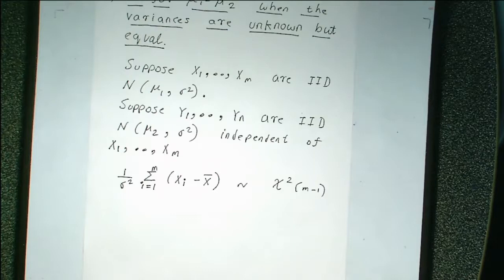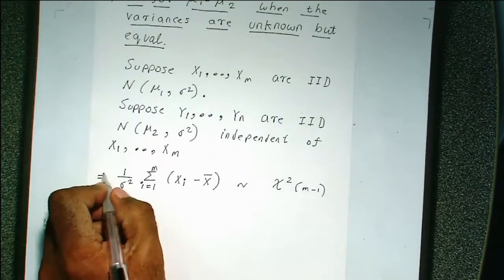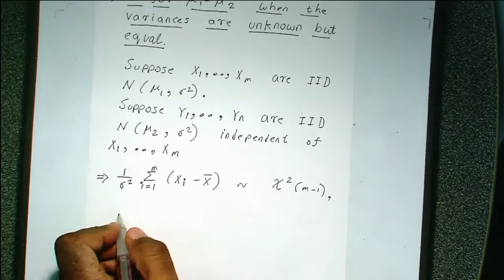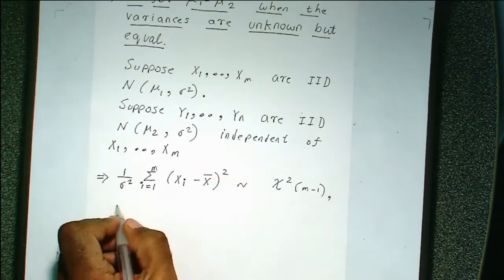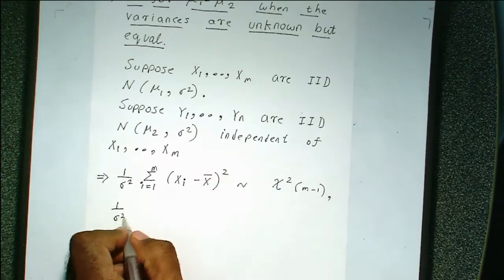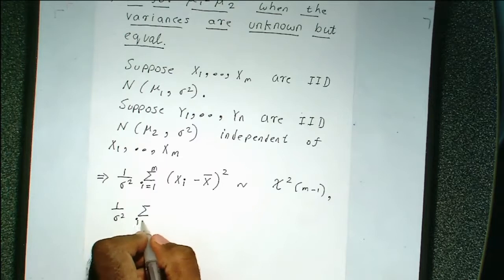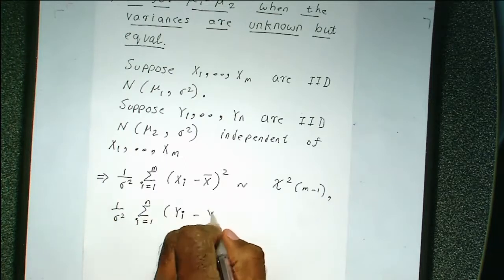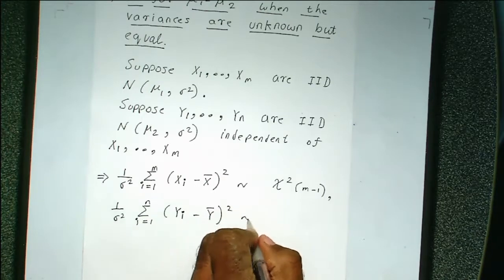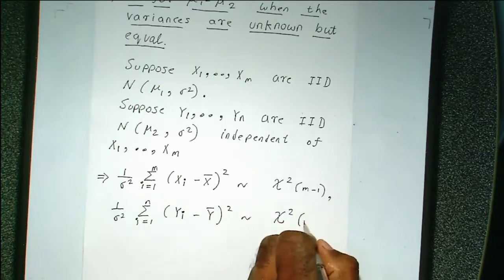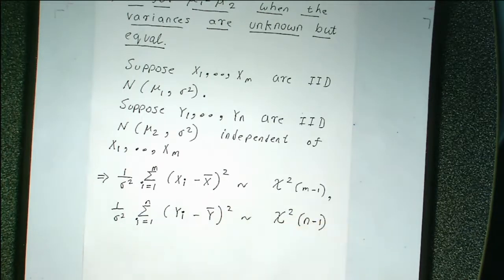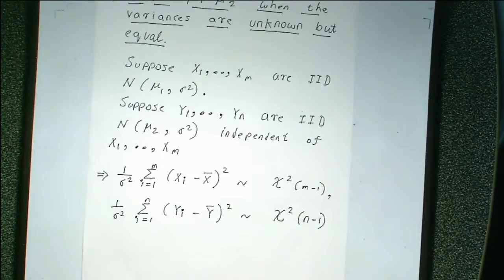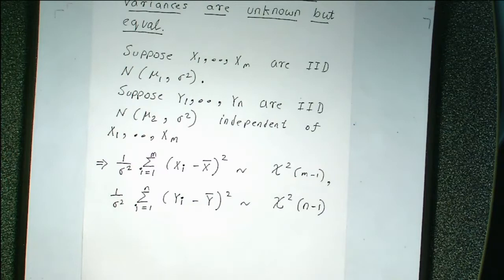Do you guys remember this or not? Yes? Okay. And, sorry, there's a squared here. This will have a chi-square distribution with n minus 1 degrees of freedom, right?